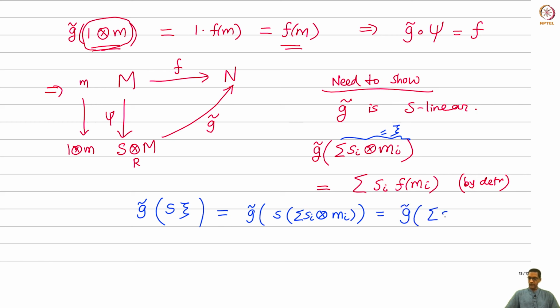But there we are using the S-module structure on this tensor product, which is that you just multiply on the first component. So this is just the summation of S S_i F of M_i. And now this just means I can pull the S out. So it's just S times whatever is left, and whatever is left was just G tilde of x_i. Okay, so G tilde is in fact S-linear.